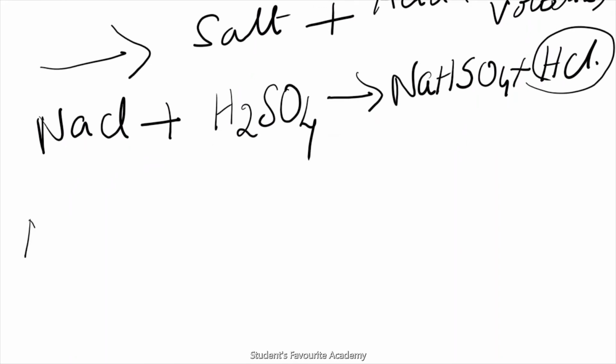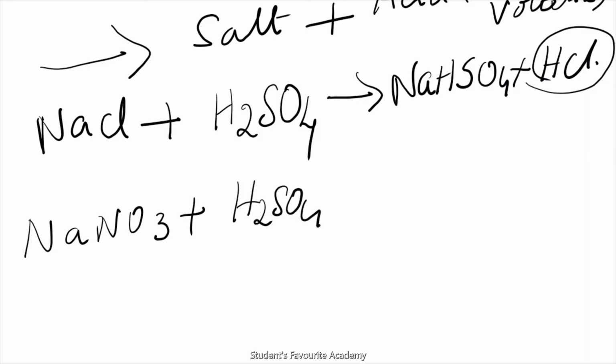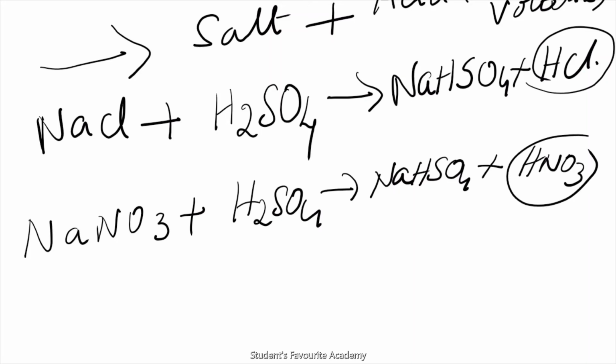Similarly, sodium nitrate NaNO3 plus sulfuric acid gives sodium bisulfate plus nitric acid. So these are the methods of preparation of acids.